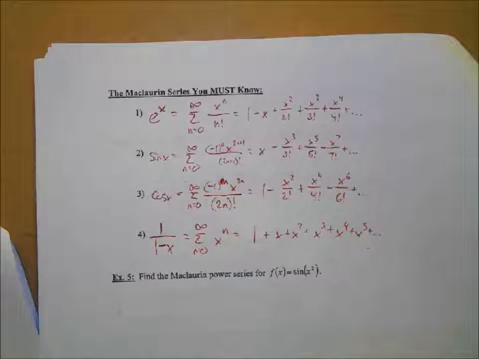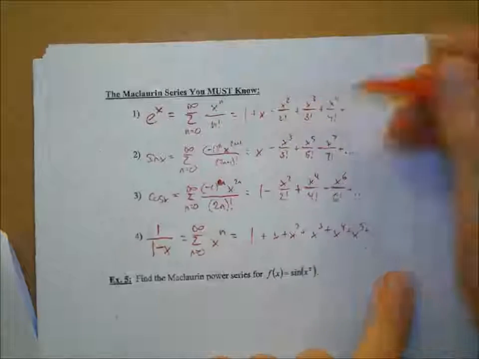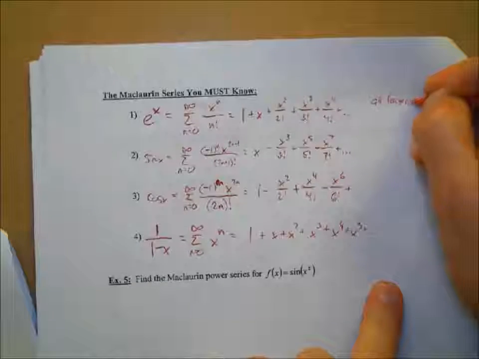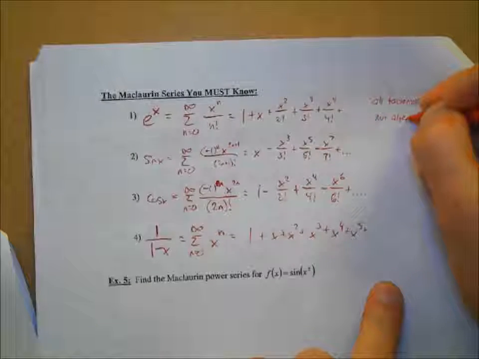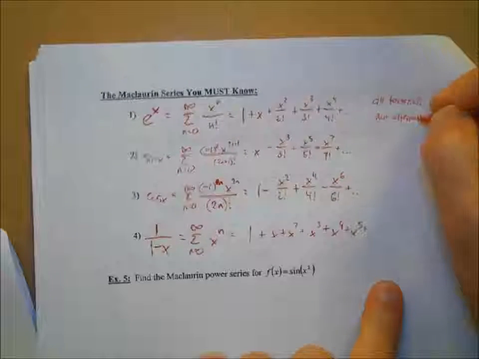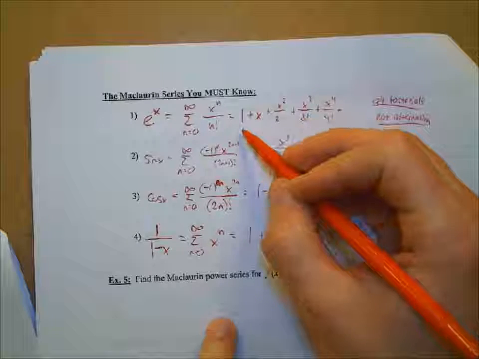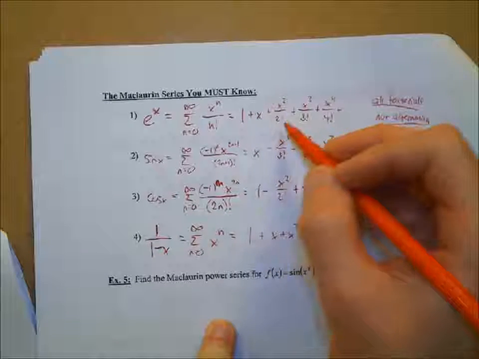Okay, so some little tips or tricks to help you remember these things. For example, in e to the x, it's all factorials, not alternating. It's 1 over 0 factorial, x over 1 factorial, so it's 0 factorial, 1 factorial, 2 factorial, 3 factorial, 4 factorial, and so on.